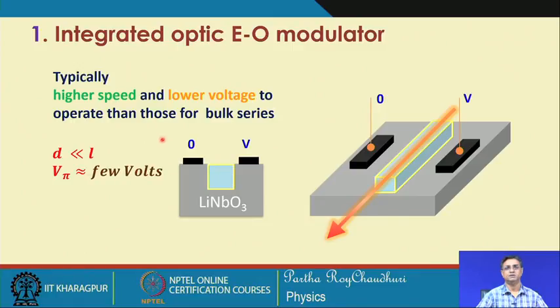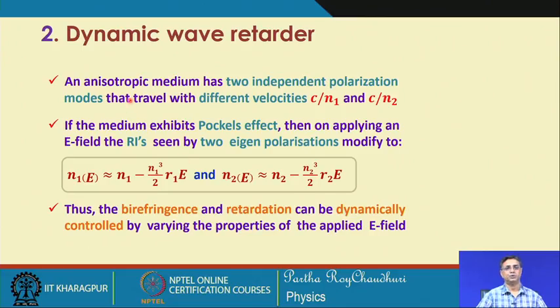V pi, we have studied with examples and numbers also, requires only a few volts, but basically this is based on the principle of phase delay between the two eigen polarized light that is propagating through the crystal, and making use of that fact, this dynamic wave retarder is a very versatile and tunable retarder device, which is very useful for many applications.